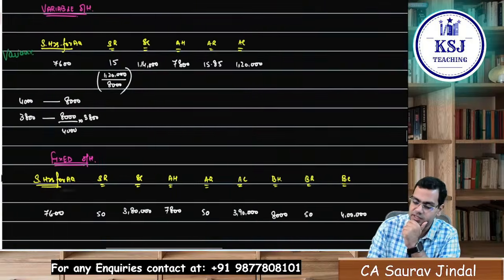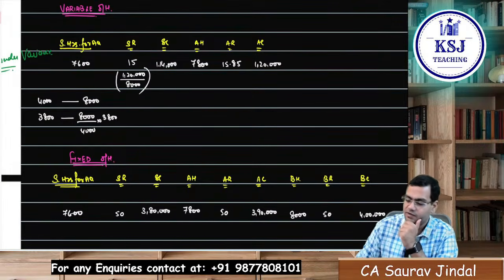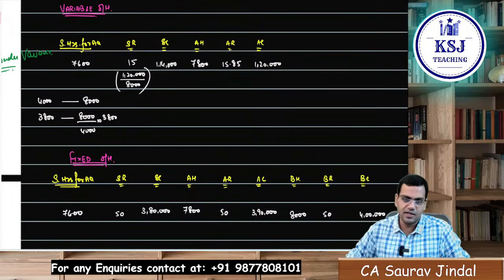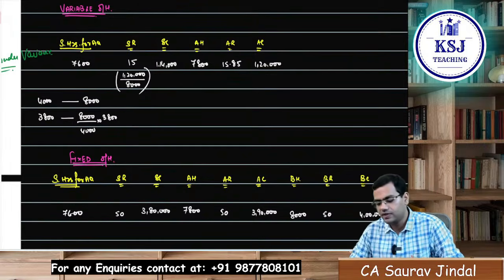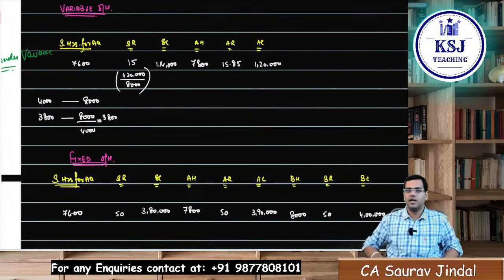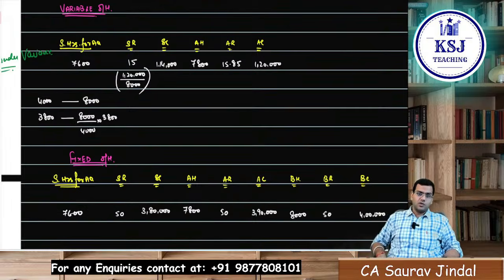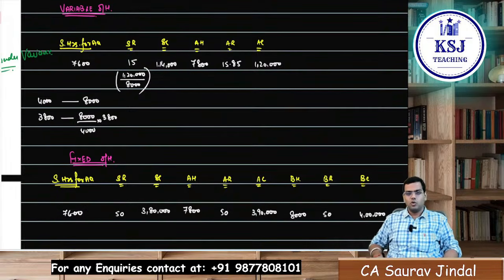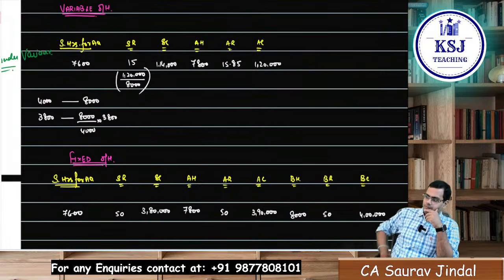So any doubts in this thing? The table is clear. With this table you can calculate any variance, variable overhead also and fixed overhead also. And in case of fixed overhead, because the number of days are also available, 20 and 21 days, you can calculate possible hours, you can calculate calendar variances also.